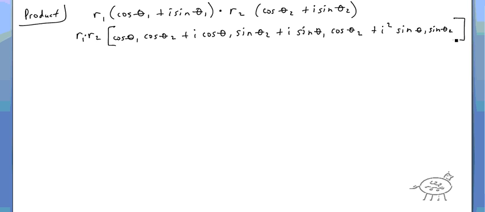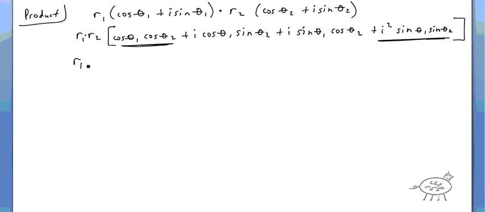But first of all, we get this I squared here, so I'm going to change that I squared into negative 1. And let's put these guys together right here, and then we'll put these guys together here, so I can simplify that.